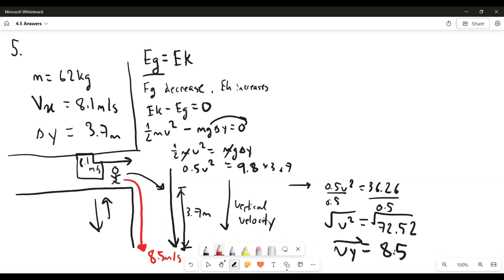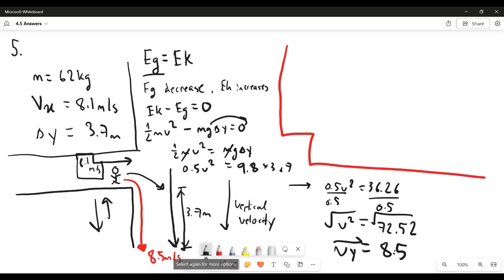However, that's not the answer. We need to do one final step before finding the answer, and that is to find the resultant velocity. How do we do that? It's like we're going back to kinematics. We need to make a vector diagram. And so we know that we have the y velocity that way.